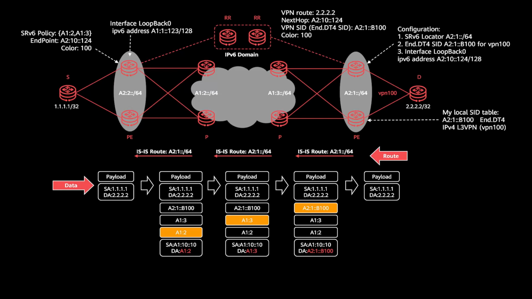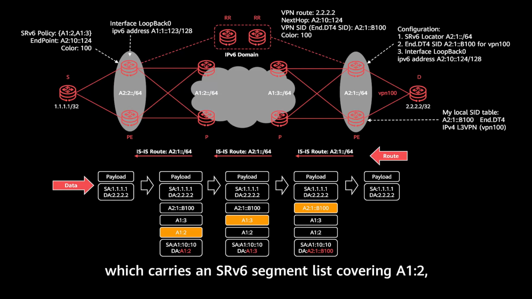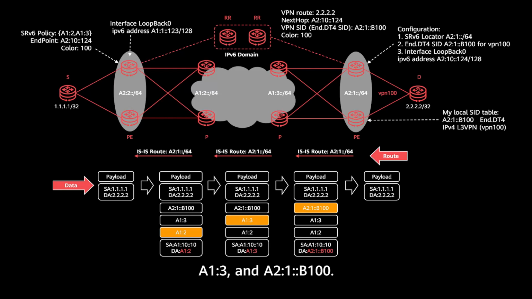To achieve this, the ingress PE encapsulates the packet with an SRv6 header, which carries an SRv6 segment list covering A1::2, A1::3, and A2::1:B100.